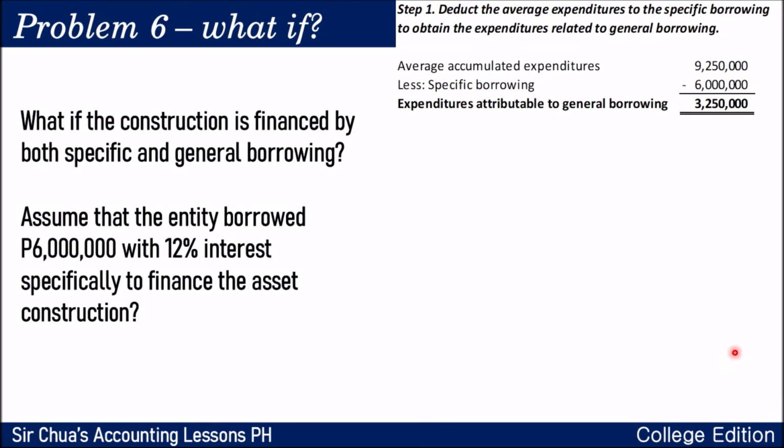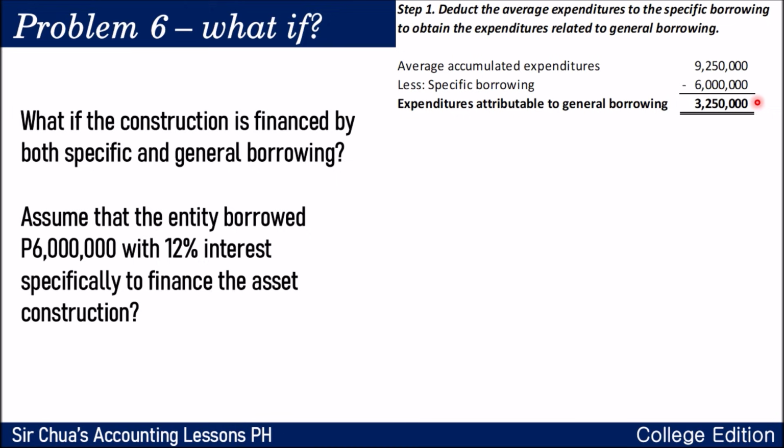Madali lang yan. Okay? Step 1 is kung ano po yung nakuha natin kanina na average expenditures, ima-minus nyo lang po yung amount ng specific borrowing na nangyari. Okay? Kung ano po yung weighted average accumulated expenditures, ma-minus lang po natin yung specific borrowing natin, which is 6 million.